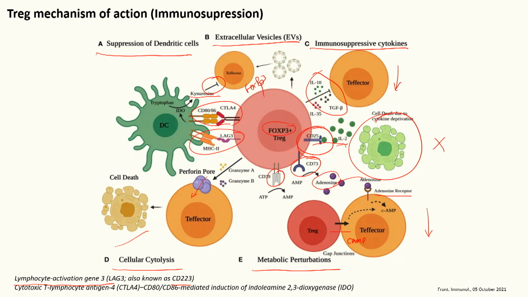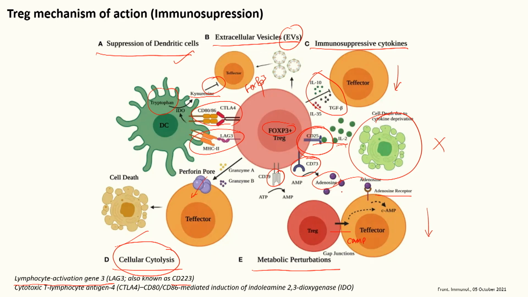So let's recapitulate one more time. What are the things involved here? The first is suppression of dendritic cells by modulating the tryptophan metabolic pathway, and through extracellular vesicles. They can produce immunosuppressive cytokines such as IL-10 and TGF-beta. They can also do cytolysis by producing granzyme and perforin, and they can do metabolic perturbation by scavenging IL-2, causing IL-2 starvation and leading to cell death. They can also convert ATP to adenosine by the expression of CD39 and CD73.